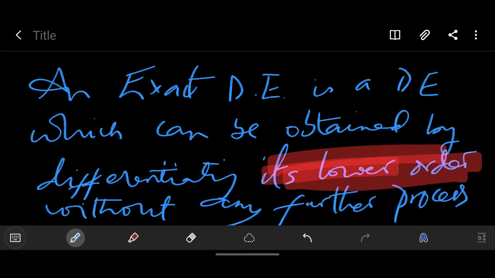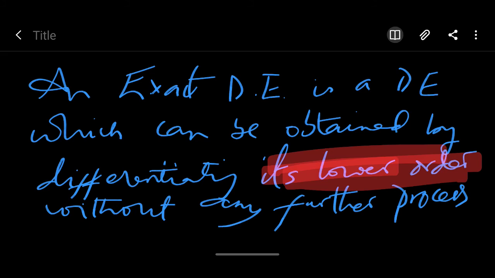When checking whether a differential equation is exact or not, we use the coefficients of its derivatives.